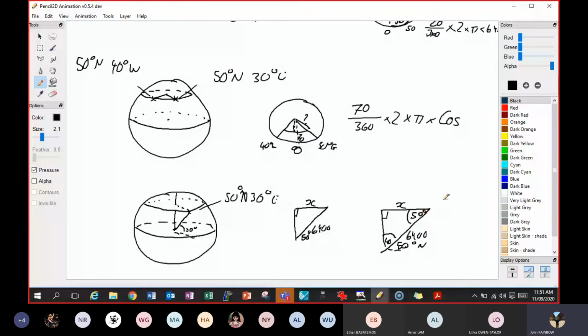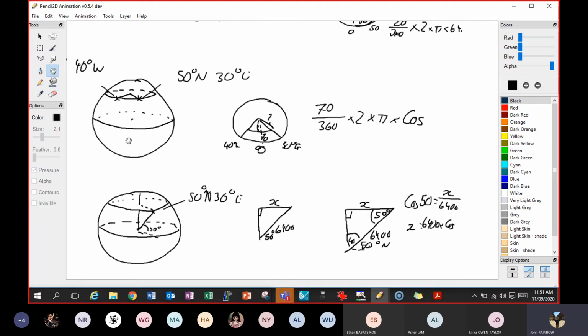So this is cos 50 equals adjacent x on hypotenuse, 6,400. Now rearrange that. That's going to be x equals 6,400 multiplied by cos 50.